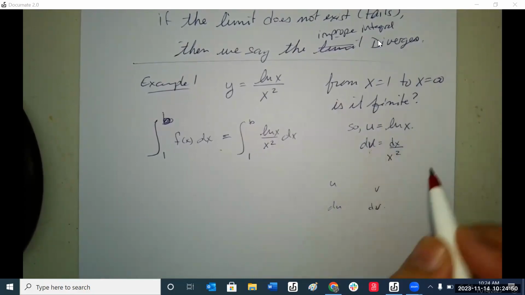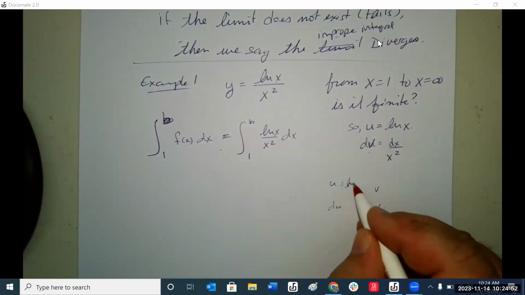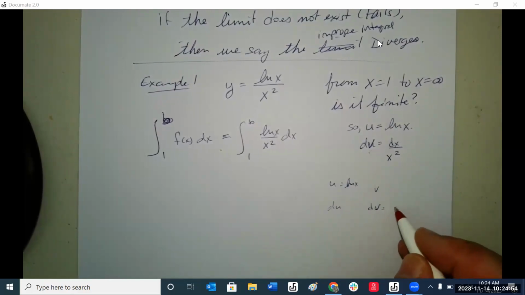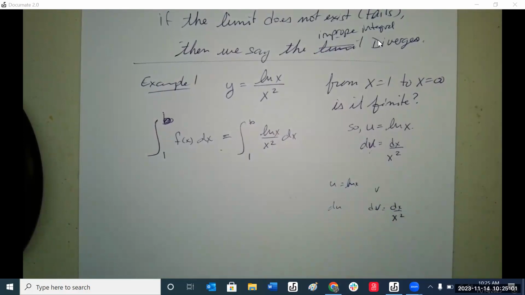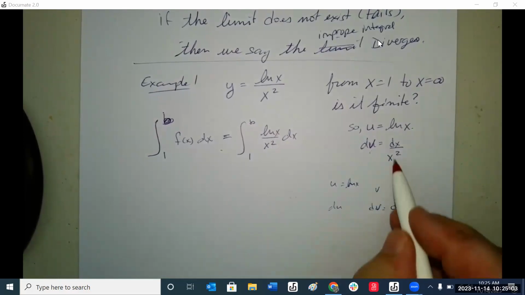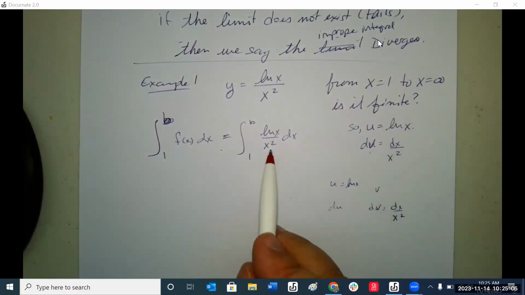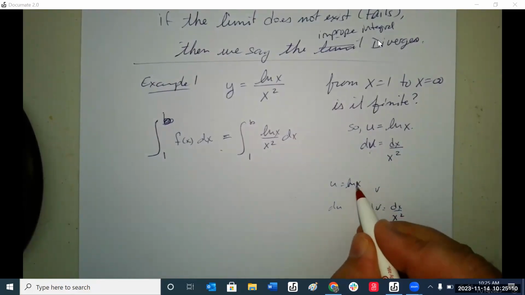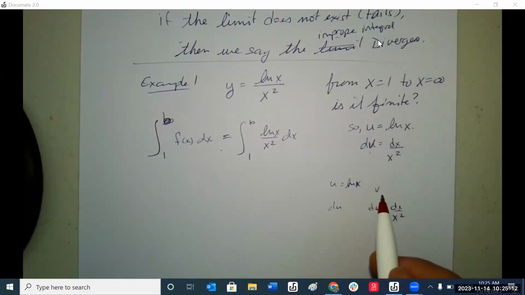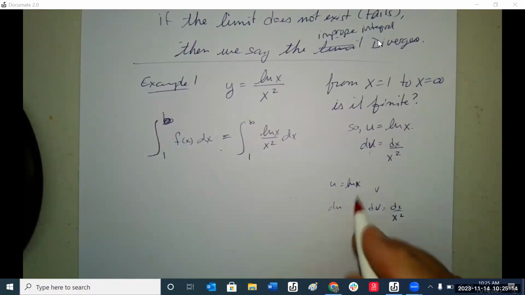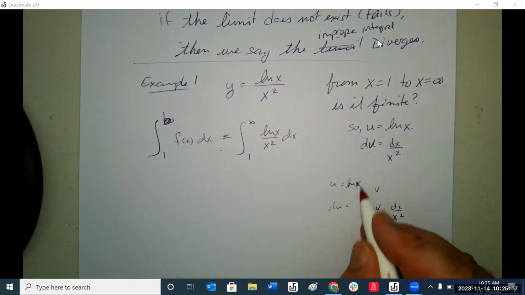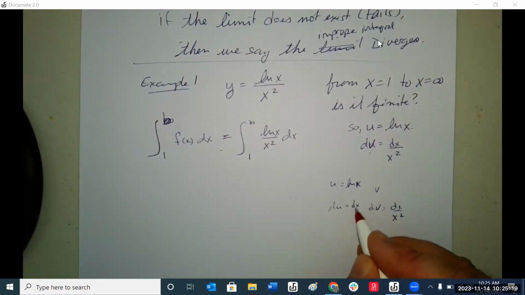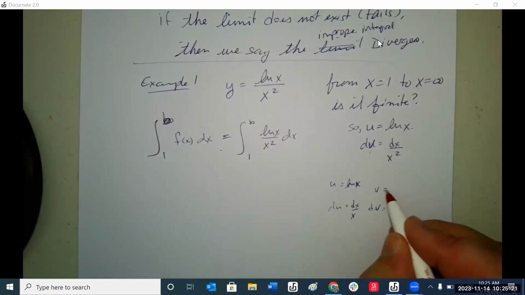So my u is ln x. My dv is 1 over x squared dx. So then the derivative of u, du, is 1 over x dx, so it's dx over x.